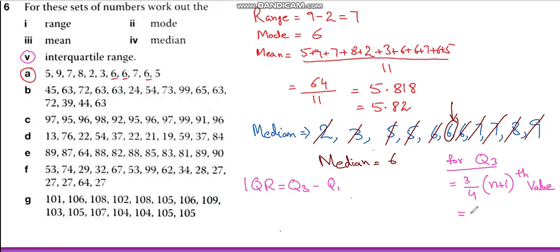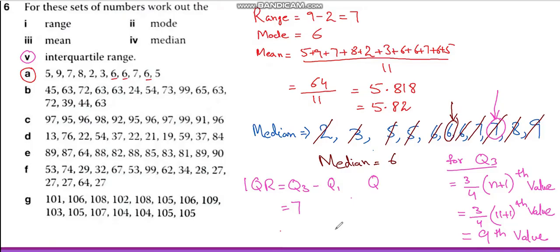That will be equal to 3/4 into 11 plus 1, which is 12. So if we calculate it, we get 3/4 times 12, which is equal to 9. So it means the 9th value is the value of Q3. So at the 9th position, 7 is existing. So Q3 is 7.